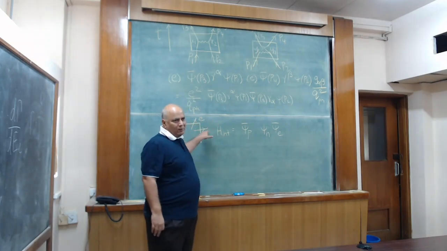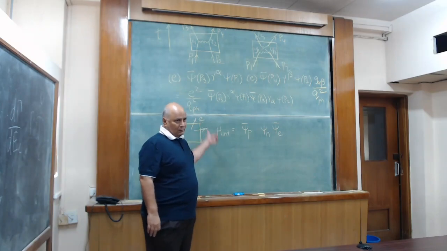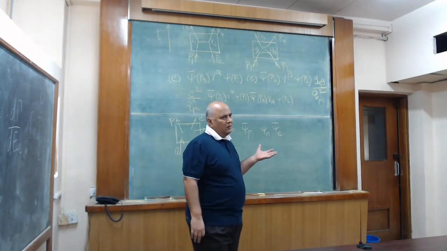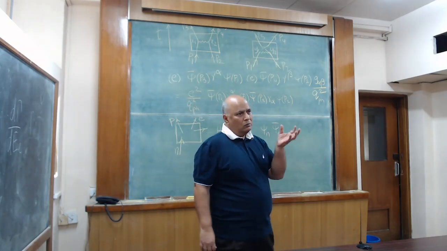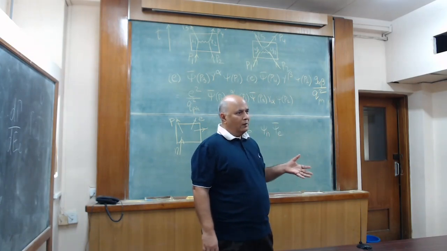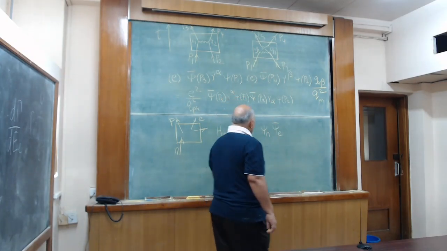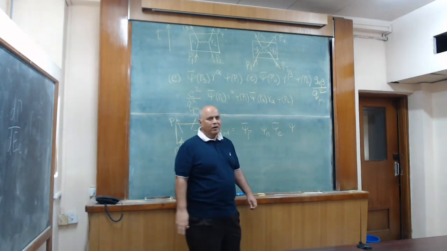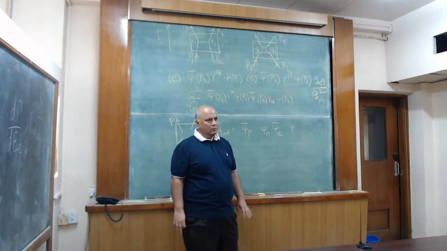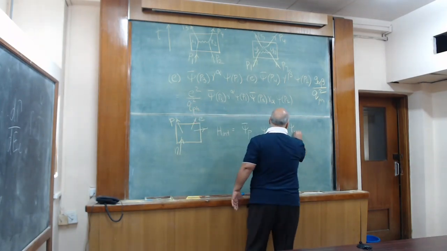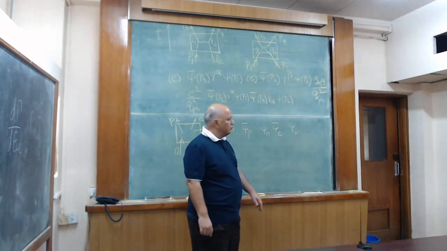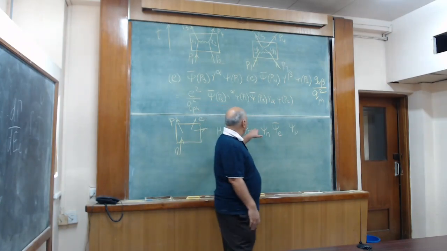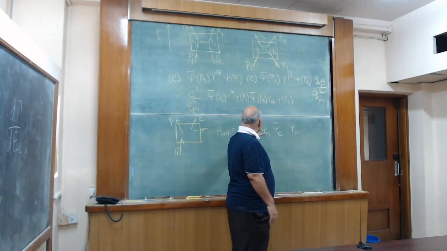How do I describe the creation of this? Remember the rule of quantum field theory: whatever I write down should be Lorentz invariant, which means the only option I have is to put a ψ field, not a ψ̄ field. So I put a ψ_ν field.